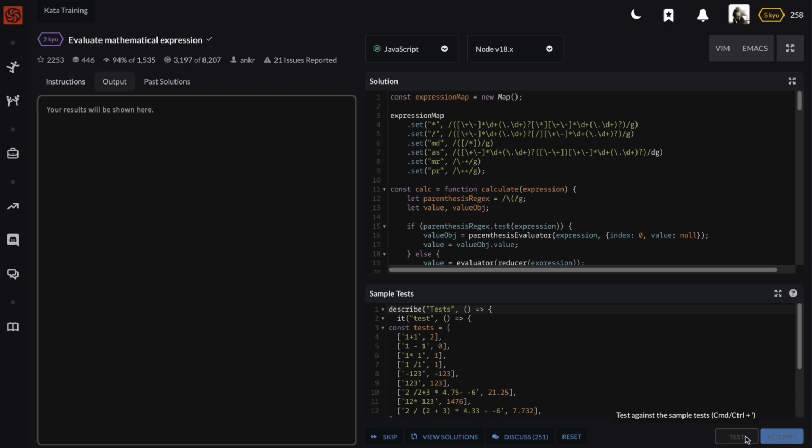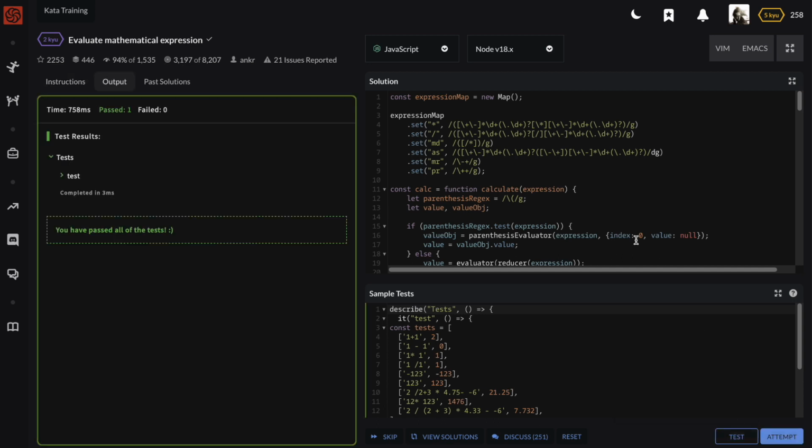All right, let's see, test. Okay, so it looks like it passed. So now we can go ahead and hit attempt. Normally it would say a submit button here to submit the solution, but I've already submitted the solution prior to the video. So let's just attempt to run it against the full test suite.